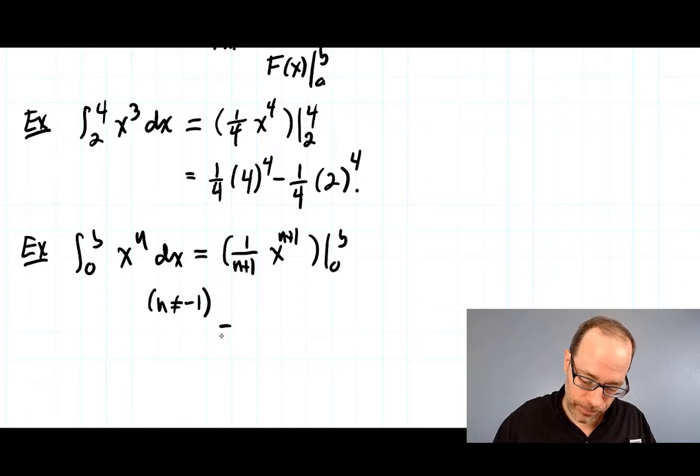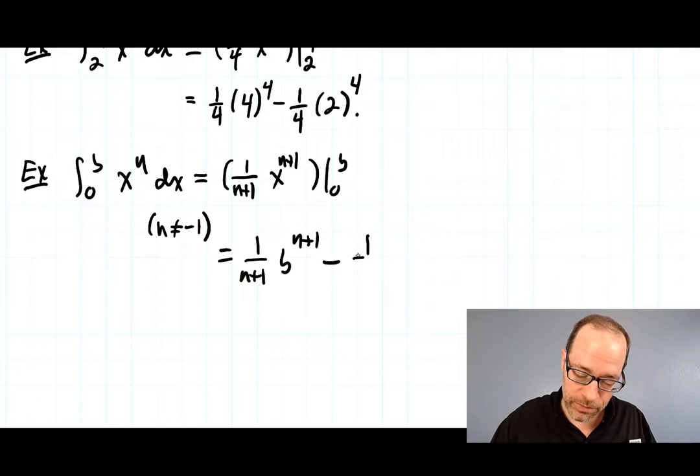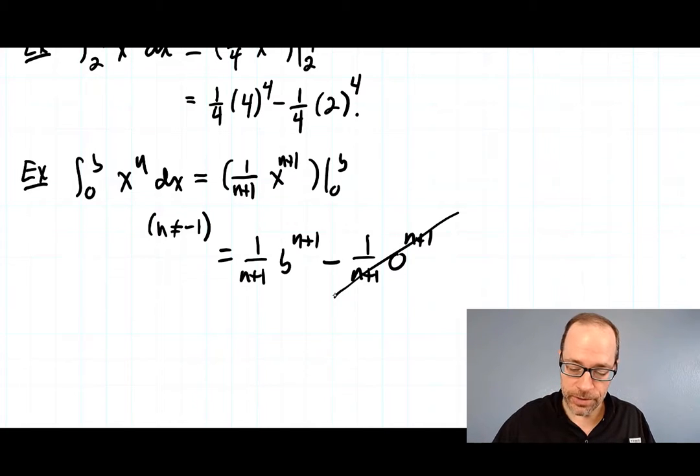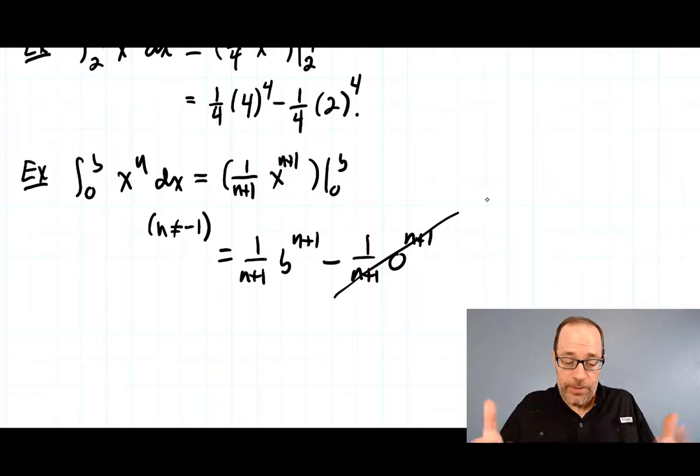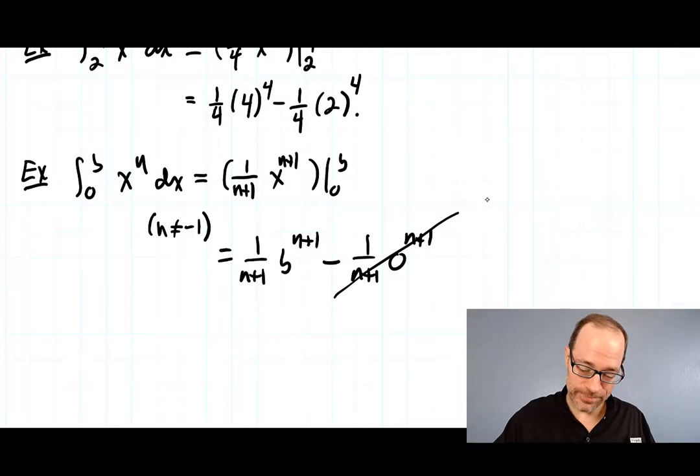And so what we get is 1 over n plus 1, b to the n plus 1, minus 1 over n plus 1, 0 to the n plus 1, which is, of course, 0, so no one writes this term. But anyway, a very general formula now for that integral.